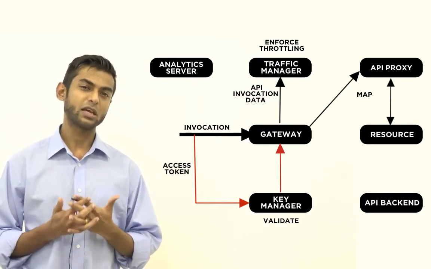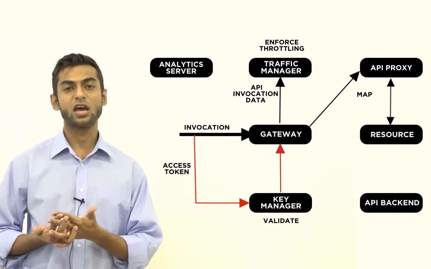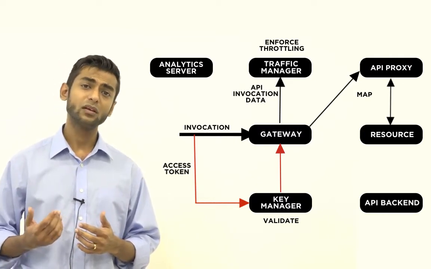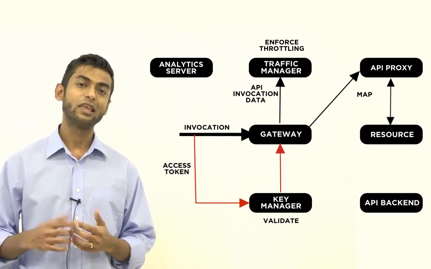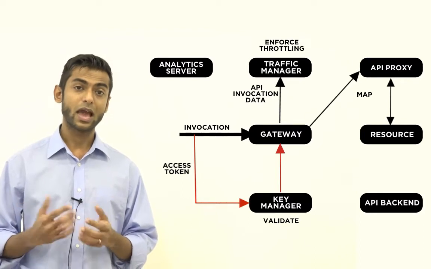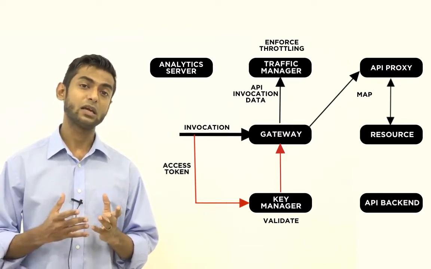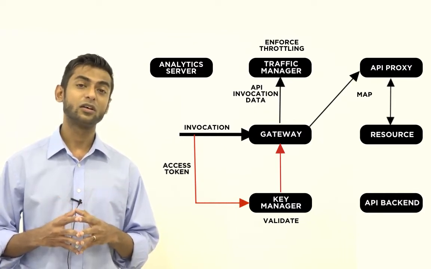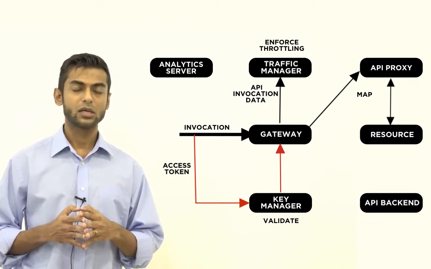The API gateway will publish this information to the traffic manager asynchronously, and then the traffic manager will keep track of the number of calls that a given API receives, and will decide if that API has exceeded the given throttling policy that has been configured for that particular API.